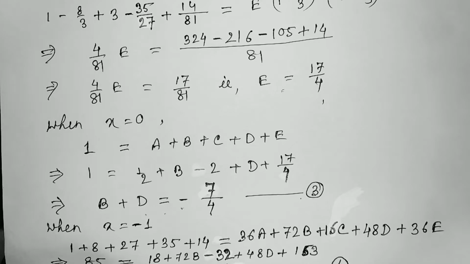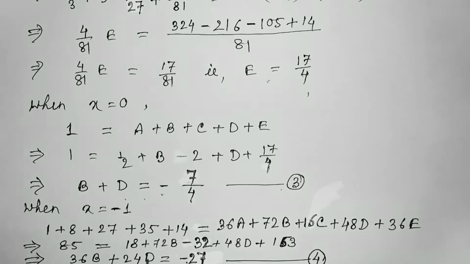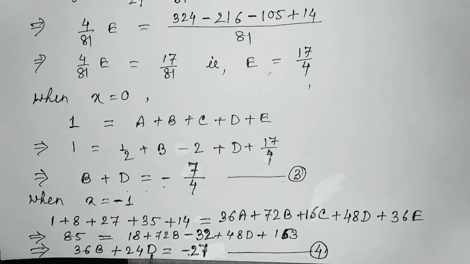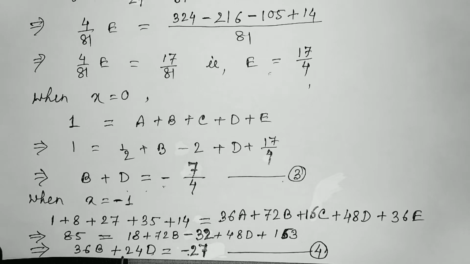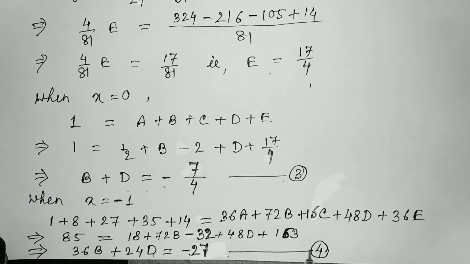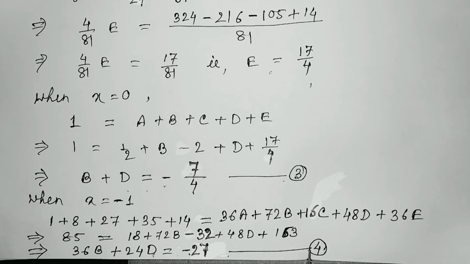And similarly, if we substitute x equals minus 1, we will get one more equation in terms of B and D, which is 36B plus 24D equals minus 27. We call this equation number 4.